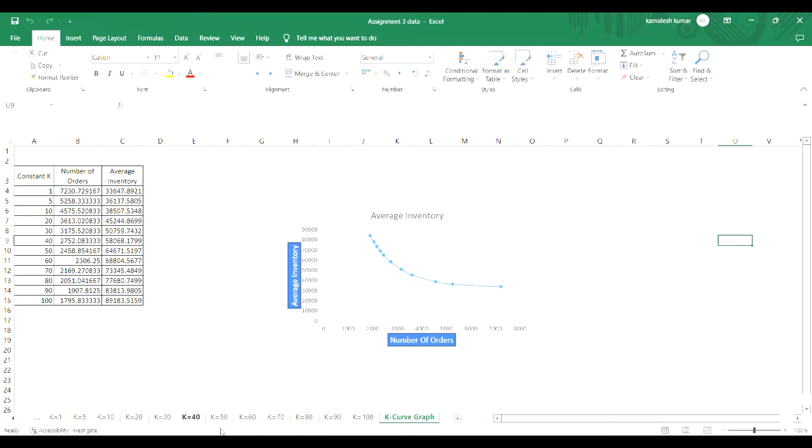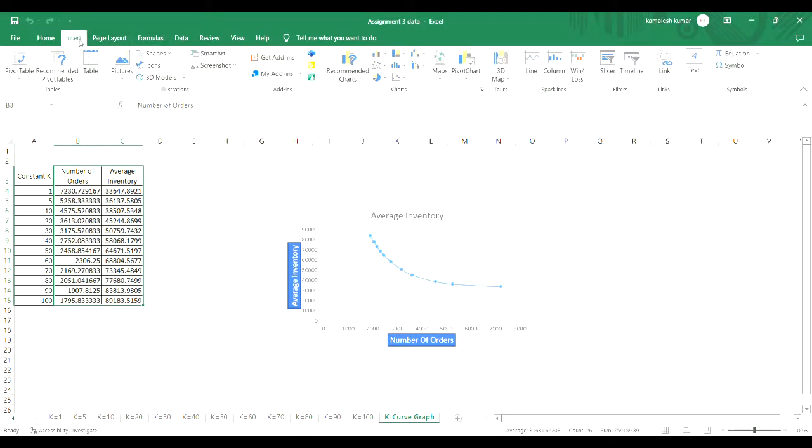So now we will learn how to plot the graph between the average inventory and the number of orders. First of all, select the number of orders and average inventory from B3 to C15, and then go to Insert. There you can see the insert line or area chart option.